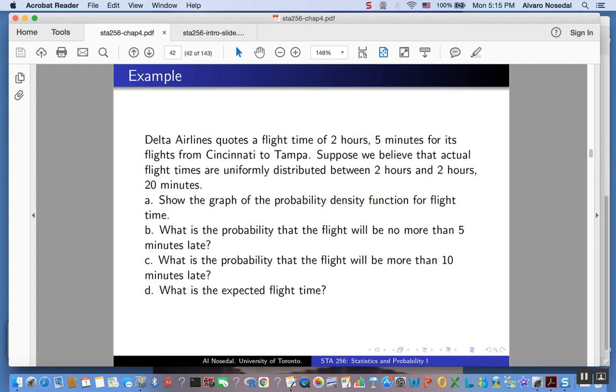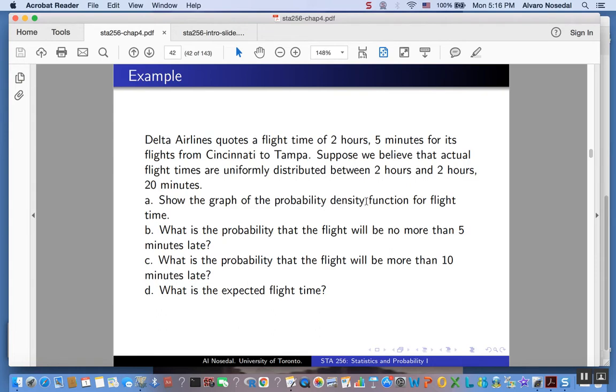Okay? So it makes sense that we are considering a continuous random variable, right? Time could be considered to be continuous, if we could measure time with infinite accuracy.